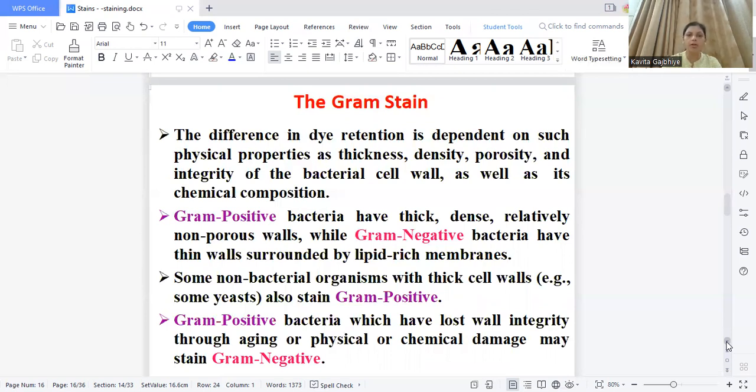Some non-bacterial organisms with thick cell walls, for example a few yeasts and molds, also stain gram-positive, and bacteria which have lost their integrity through aging or physical or chemical damage may also stain gram-negative.